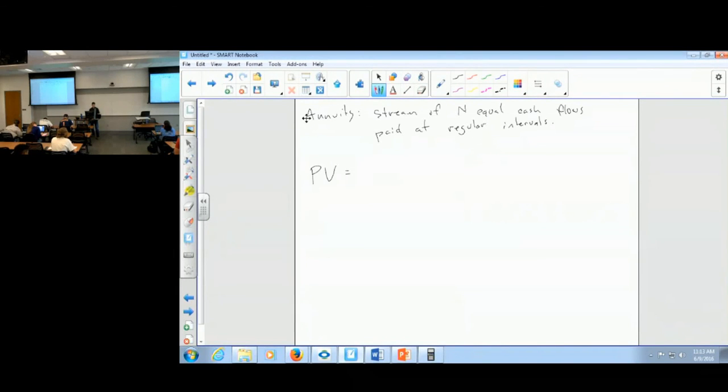Right, so present value is going to be equal to the cash flow times 1 over the interest rate, times 1 minus 1 over 1 plus the interest rate raised to n. Label all those parts.